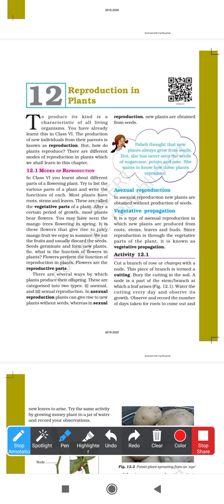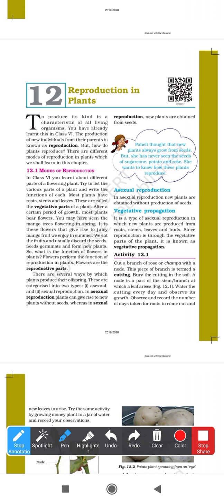Now we are going to study first of all asexual reproduction. The definition itself tells you that asexual reproduction means new plants are obtained without seeds, right? In asexual reproduction, the first type is vegetative propagation. So what do you mean by vegetative propagation?